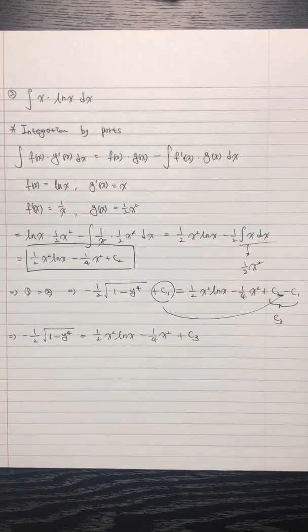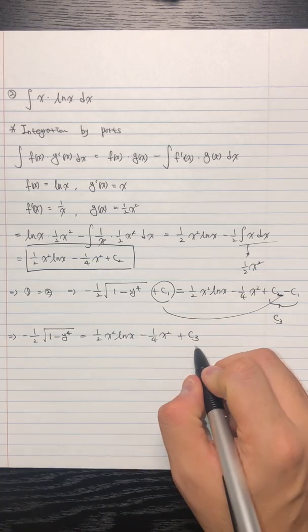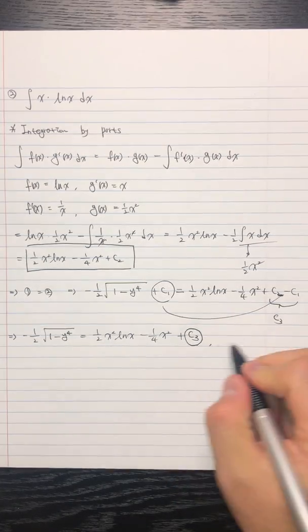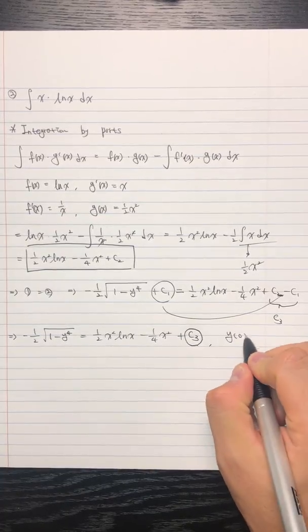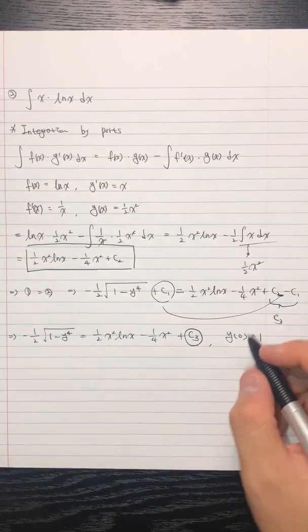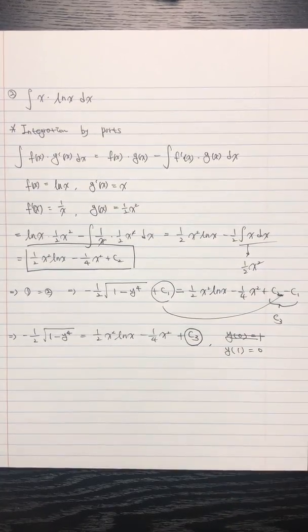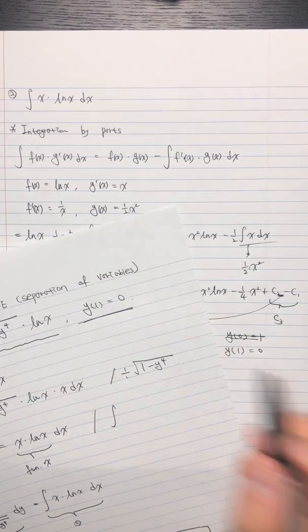Now we can use the initial value to find c3, this unknown constant. We can use y(1) equal to 0.